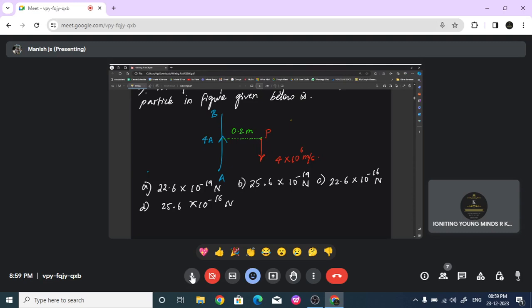Only if you are able to find out the magnetic field will you be able to find out the magnetic force. Okay, I have given you a clue. Whenever there is a current carrying conductor, you know that there is a magnetic field due to it. So first calculate the magnetic field. Once you calculate the magnetic field, you can calculate the magnetic force. It's a two-stage process.